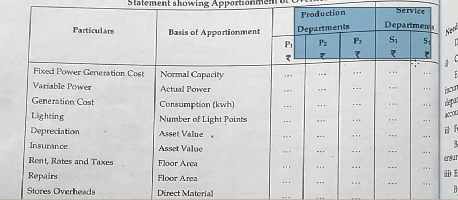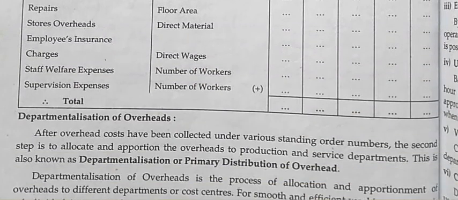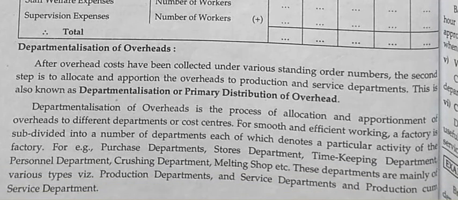This overhead will be apportioned to these production and service departments on this basis. So there should be at least this many columns when you are preparing the answer. When we see the practical problem, we will go for the departmentalization of overheads and actual apportionment of overheads.